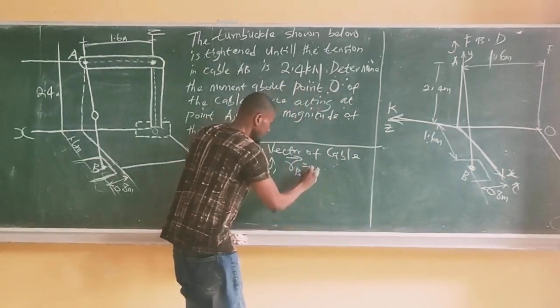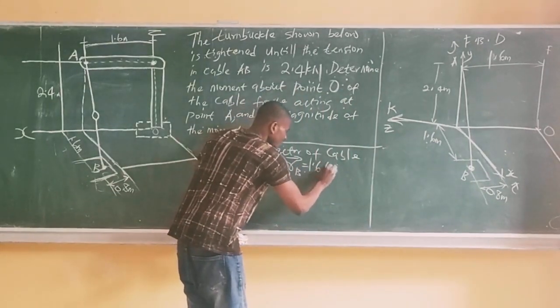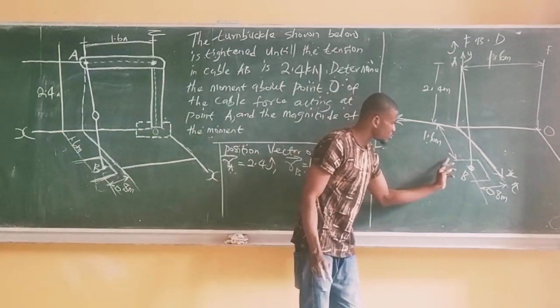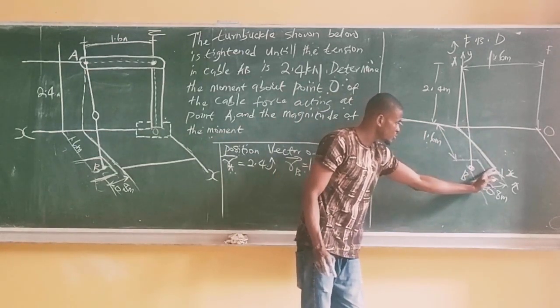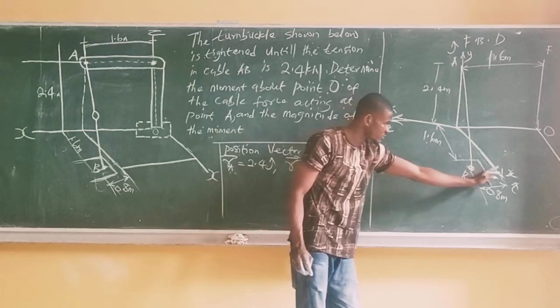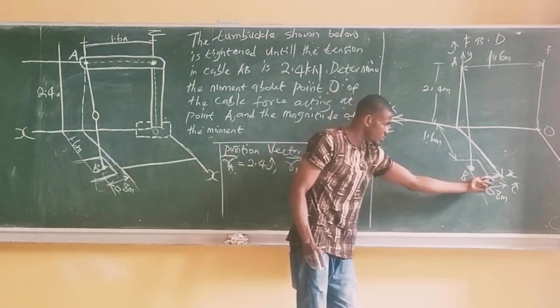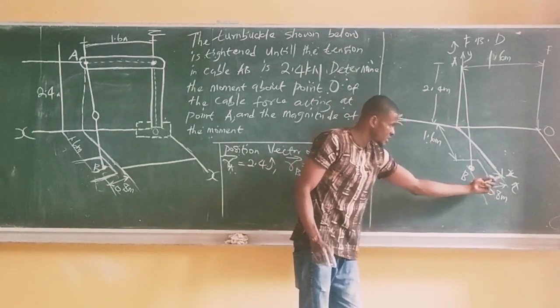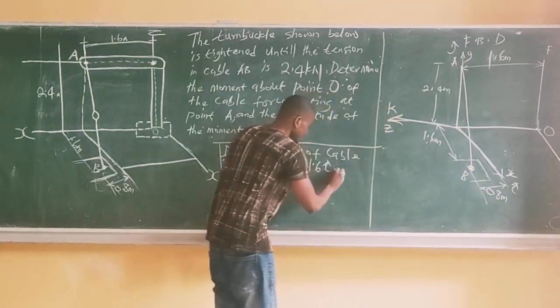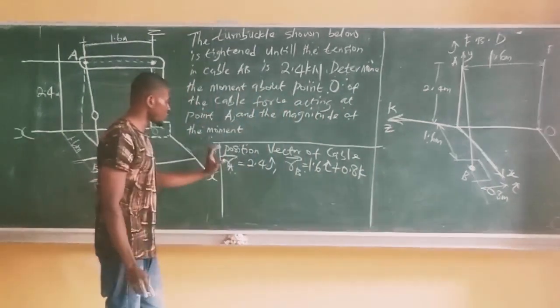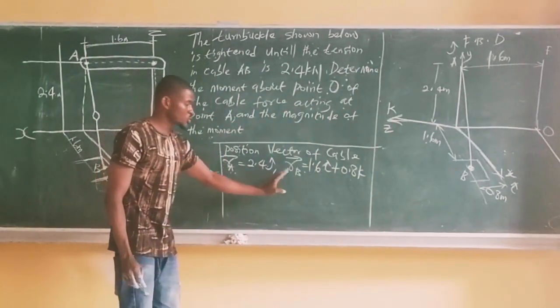So you have 1.6i, and from 1.6i you move in this direction, which is the positive k axis, 0.8 in the k direction, so plus 0.8k.